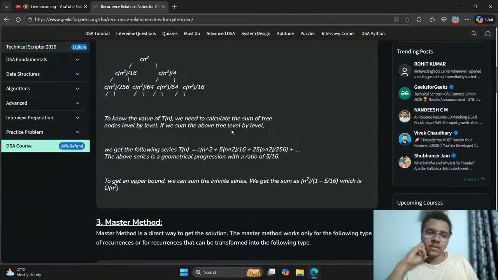If we sum the above tree level by level, we get the following series. Okay, it is a geometric progression.